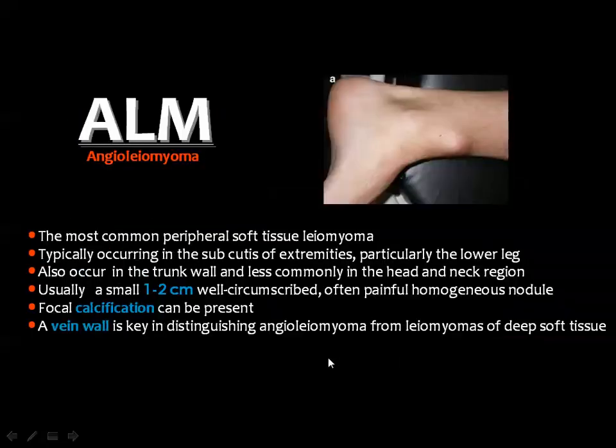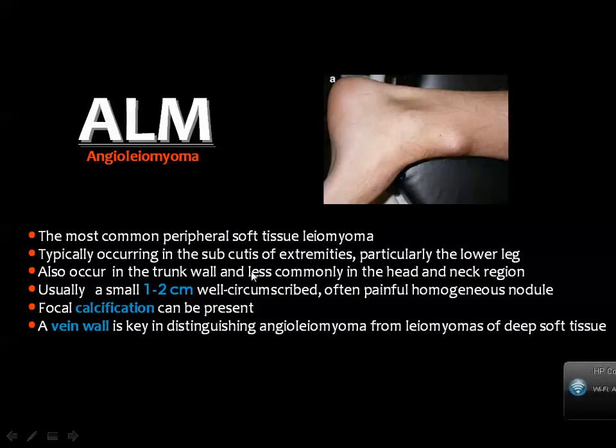Actually, if you remember, leiomyoma is one of the soft tissue lesions or tumors commonly seen in the gastrointestinal tract, especially in the esophagus, and in the peripheral tissues. This is the common form of leiomyoma, which is known as angioleiomyoma.